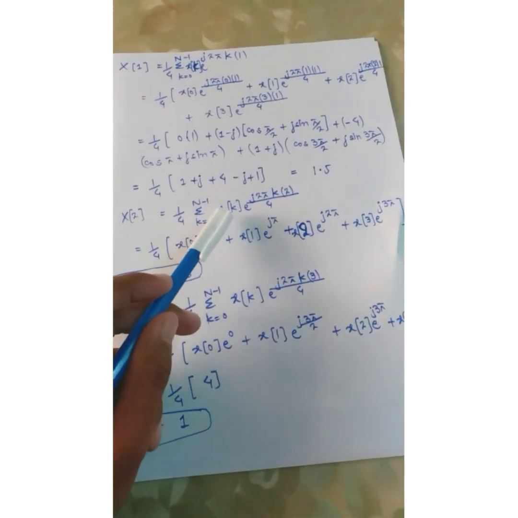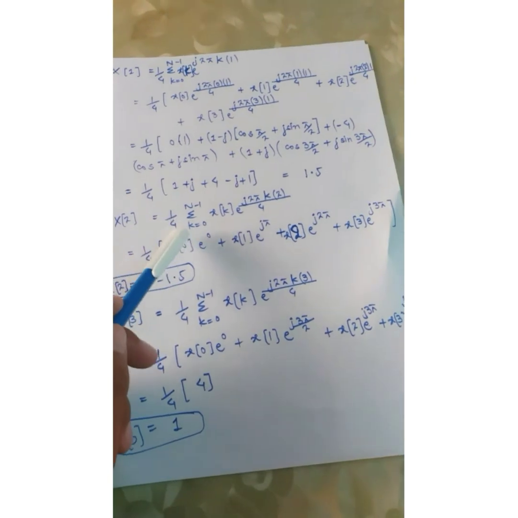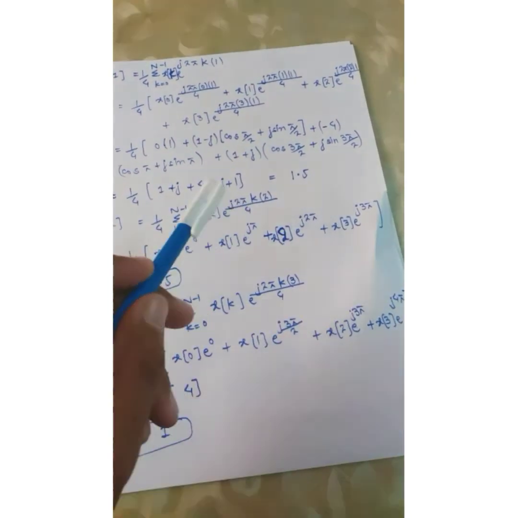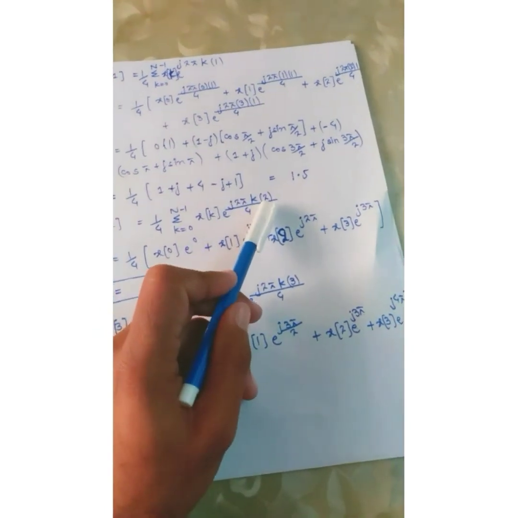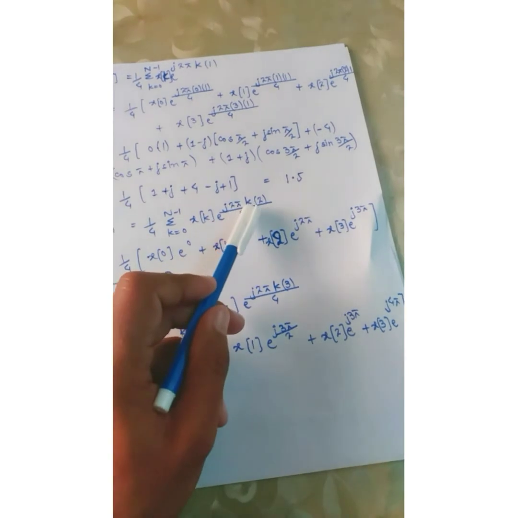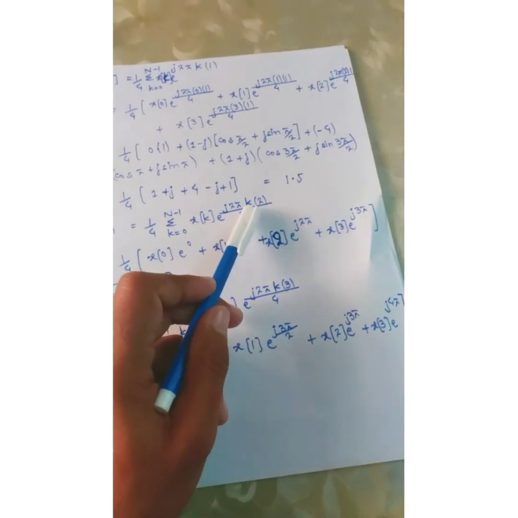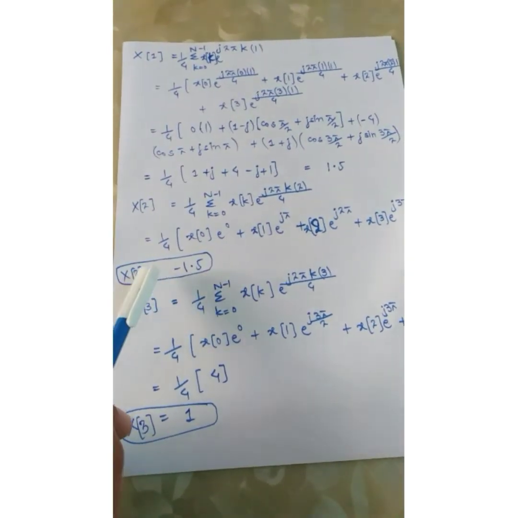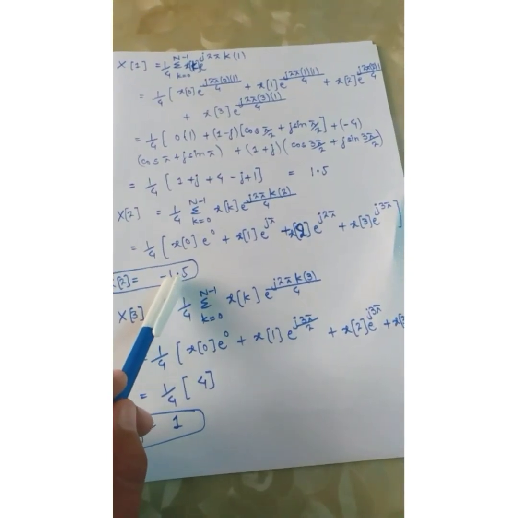You may have become familiar with this procedure and it may seem quite easy for you now. You just have to fix the value of n is equal to 2 and change the value of k from 0, 1, 2 and 3, and you will obtain x of 2 is equal to minus 1.5.